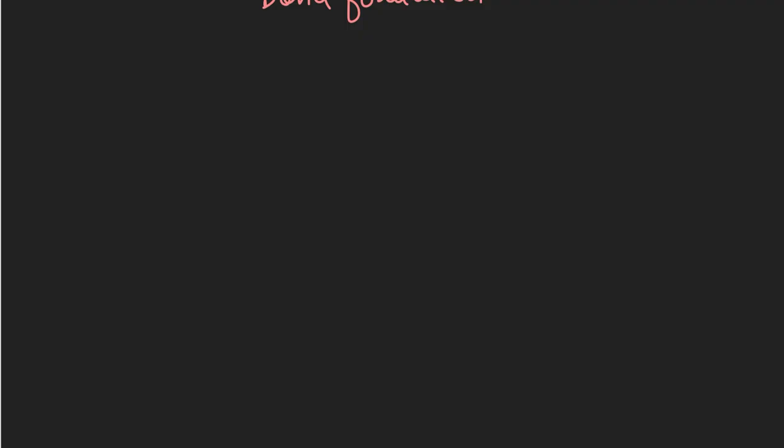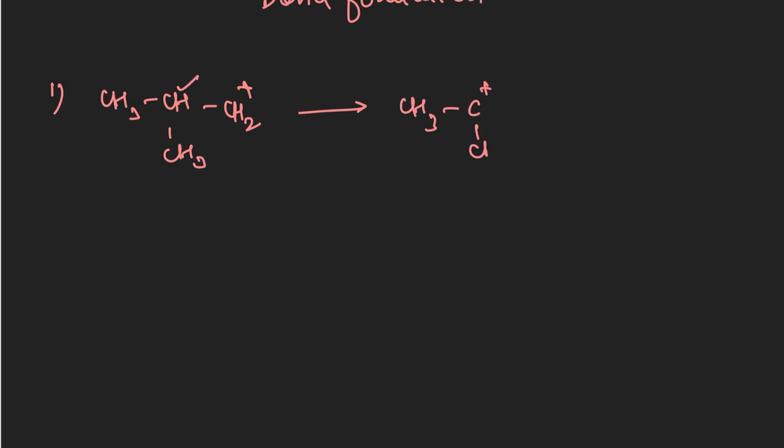So let's take the first example. We have CH3, CH3 and CH2 plus. So first of all, what will happen? This hydrogen is gonna interchange with the next one, C plus, CH3, and hydrogen will shift from the second to the first carbon. Now in the second case we have CH2 positive and H. Hydrogen is gonna shift from here to here.